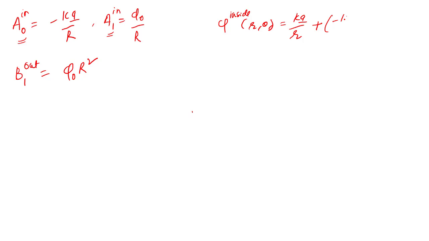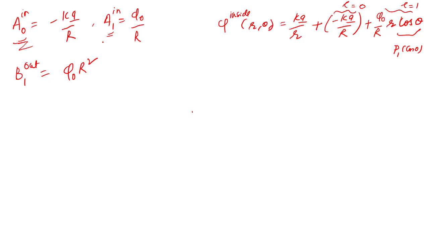So A0, which is minus KQ by R, plus A1, that is phi 0 by R, times R to the power L, that is R to the power 1, times cosine theta. Similarly, this cosine theta comes from P1 of cosine theta, because this is the L equal to 1 term, and this is the L equal to 0 term, A0 and A1.